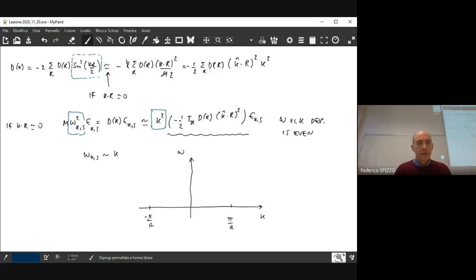If you fix everything and just substitute k with minus k, here you have a sine squared, so the final result is the same. So the dependence is an even dependence.